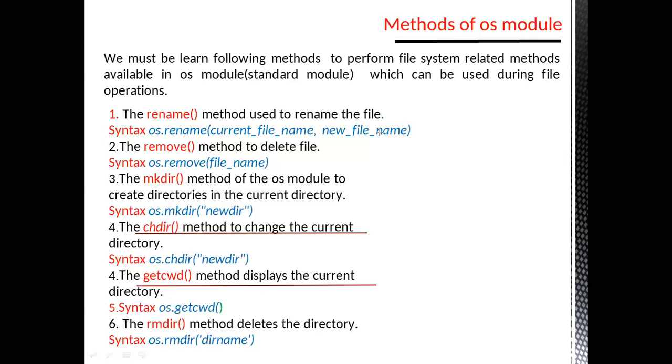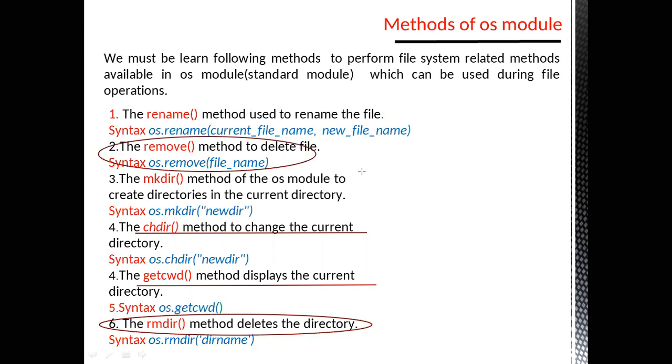The folder is a container. In simple language, directory means folder, and file means text file, binary file, which will contain the data. If we want to delete a directory, then we use rmdir. If we want to remove or delete a file, then just remove.